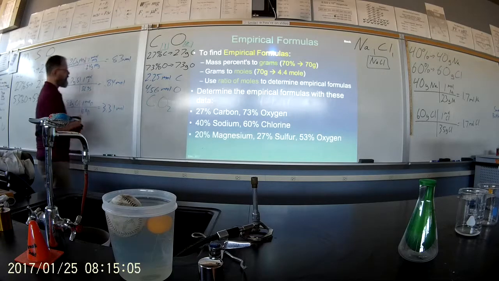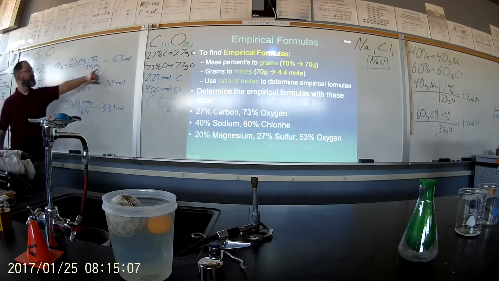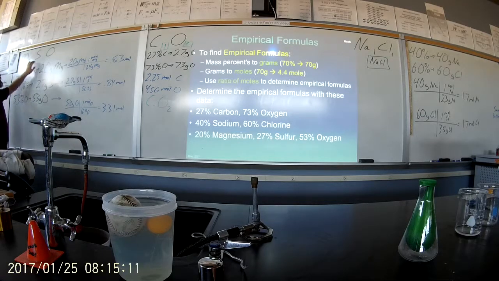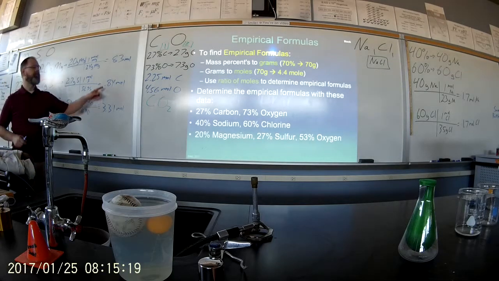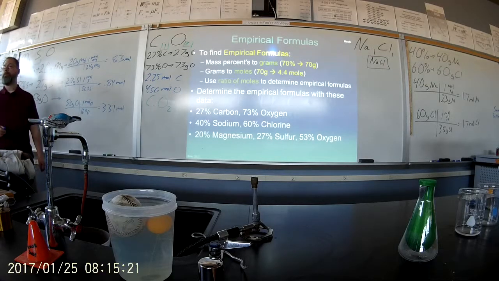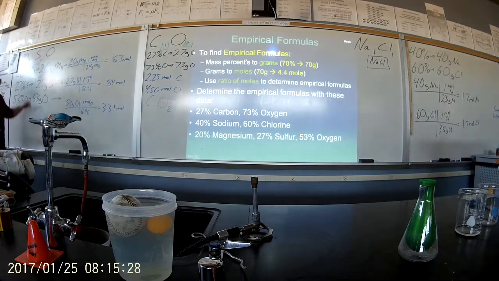All right. So obviously, these two are going to be the same. So whatever subscript you have for magnesium and sulfur, they're going to be the same because they're the lowest number and they're the same number. What happens when you take 3.31 divided by 0.84? Yeah. So these guys, magnesium and sulfur, are going to be a 1 because they're the smallest numbers.